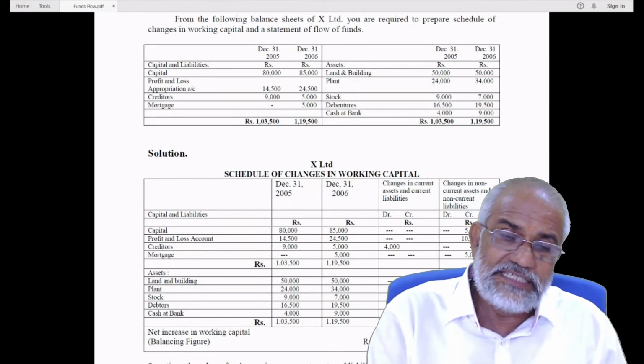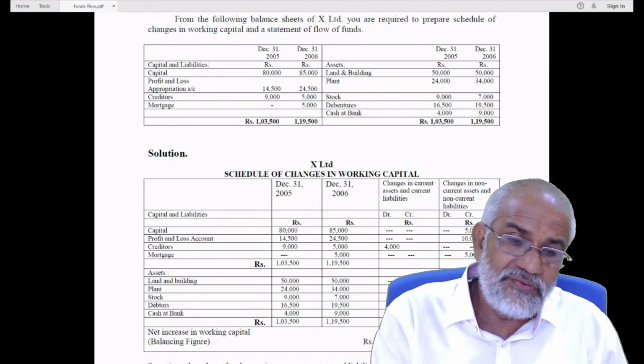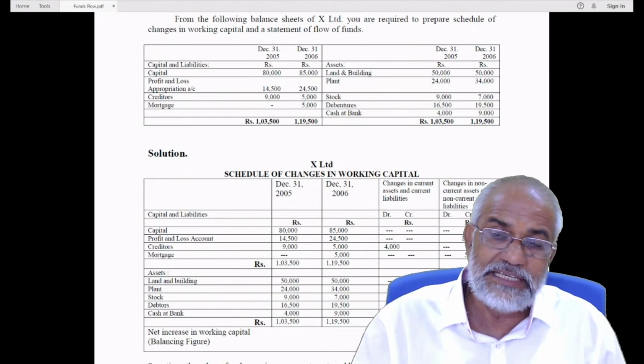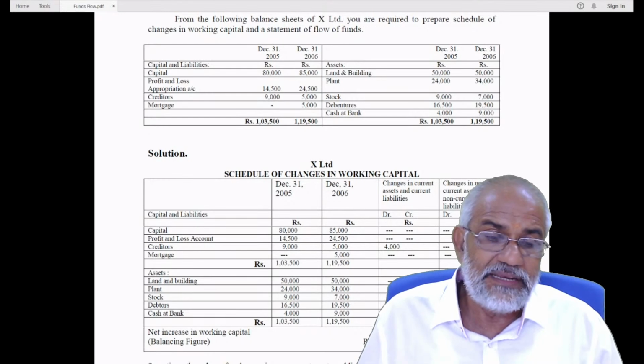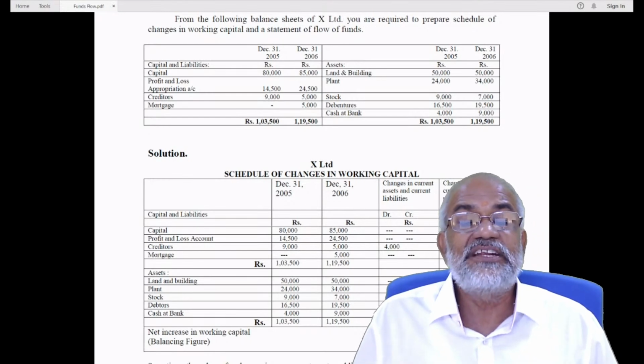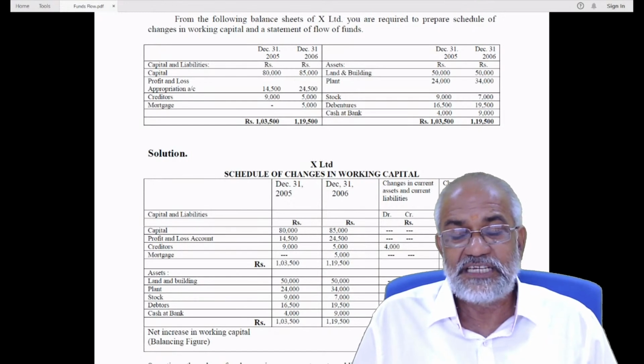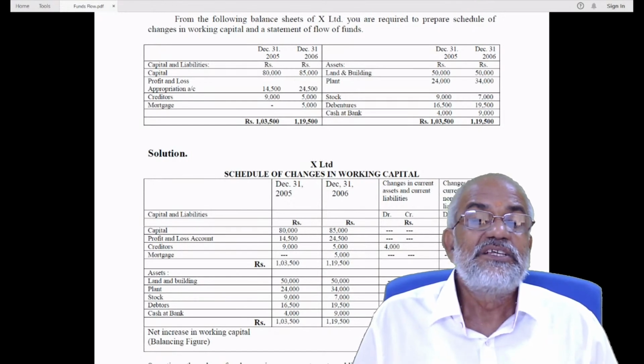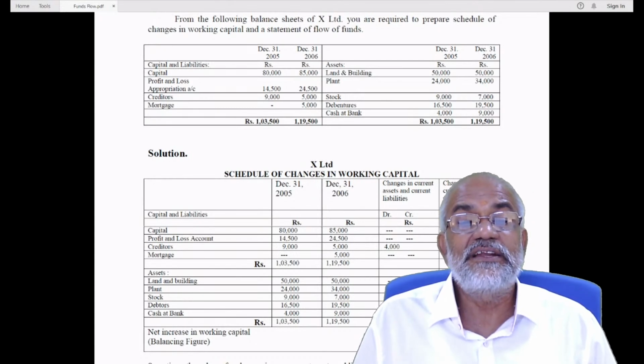So we have already seen the treatment offered to different items of liabilities in the statement of changes in working capital. Now let us come to the assets, the different assets given in the balance sheet, and what their effect would be in the statement of changes in working capital. So first is land and building. Land and building is an asset, whether current or non-current. Obviously it is non-current.